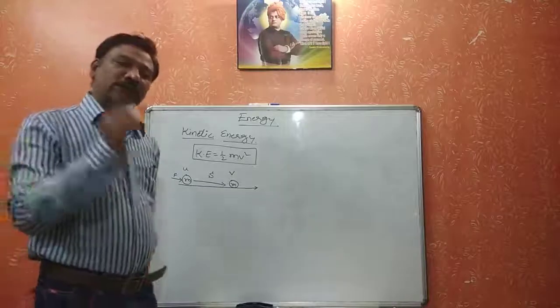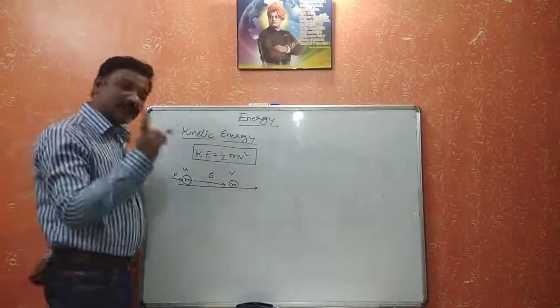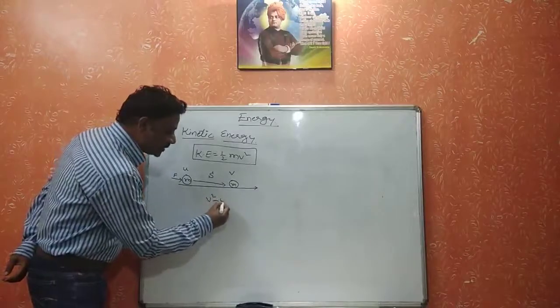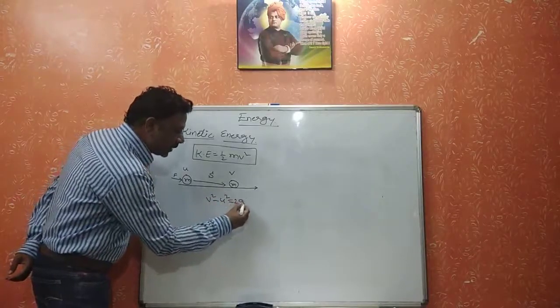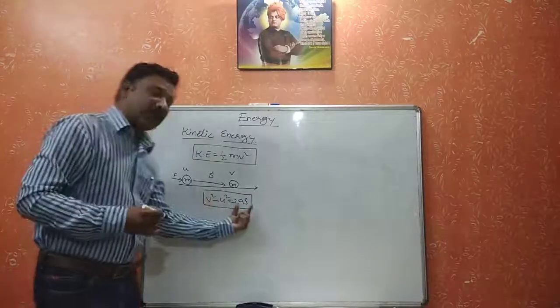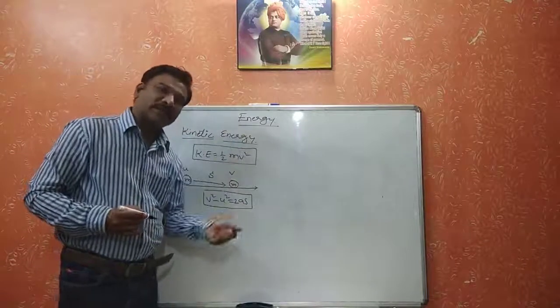Among the three equations of motion, I am taking the third equation of motion. What is that? v² - u² = 2as. This is the third equation of motion which we have learned in our previous lesson.